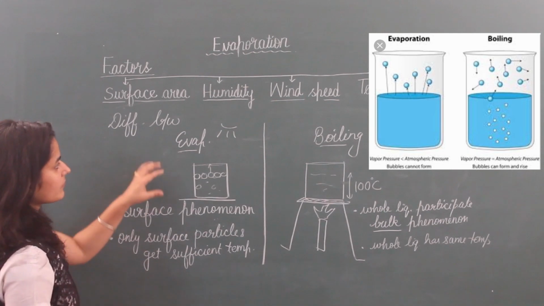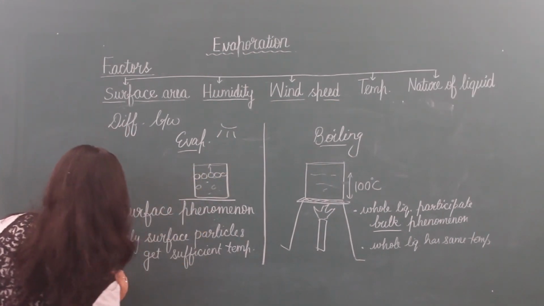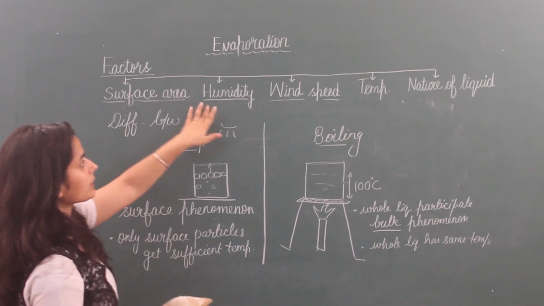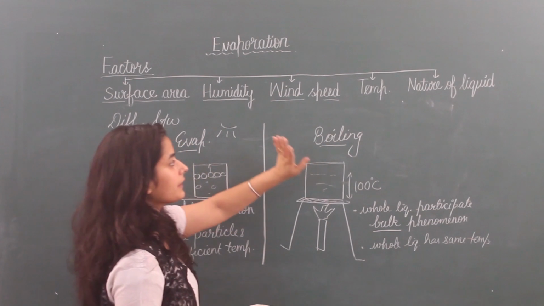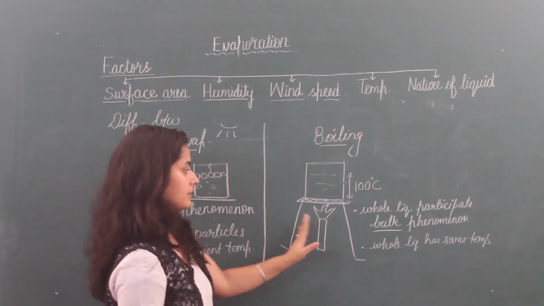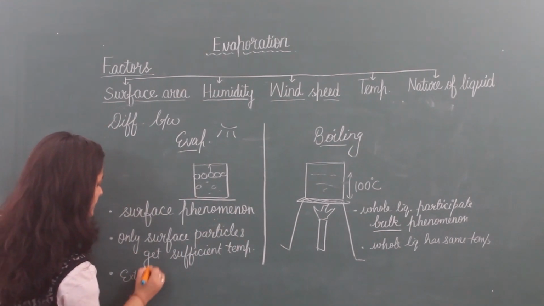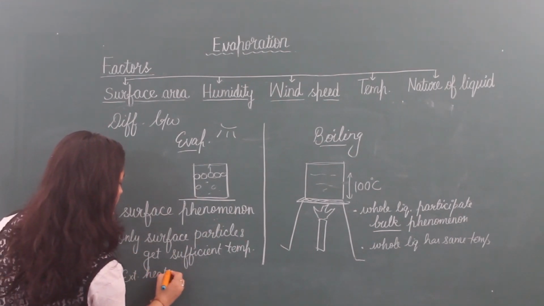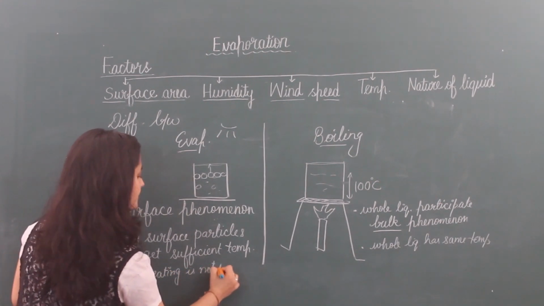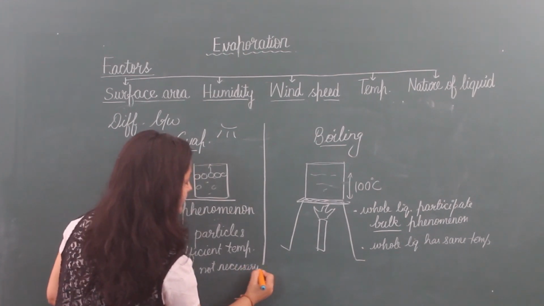Next, evaporation is influenced by all these factors, and in case of boiling, heating is necessary. External heating that we are giving. External heating is not necessary in case of evaporation.